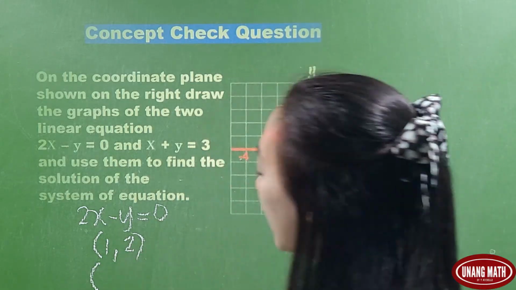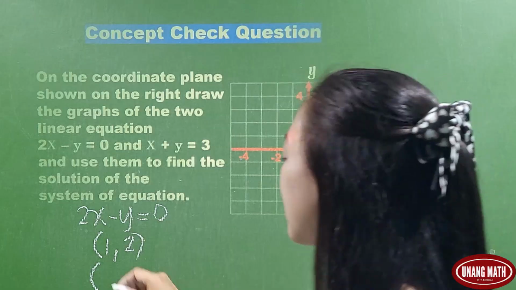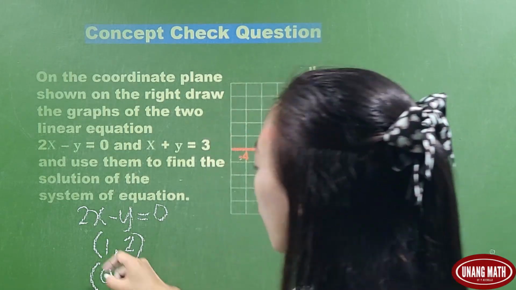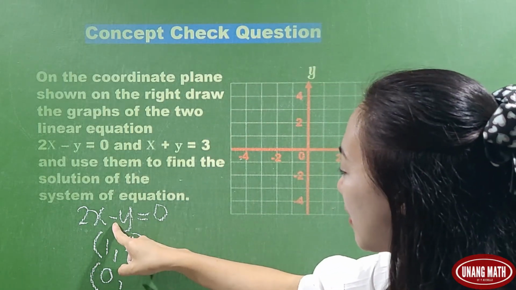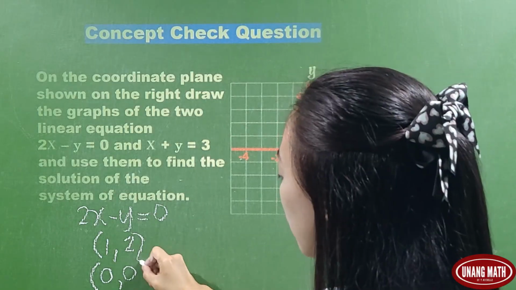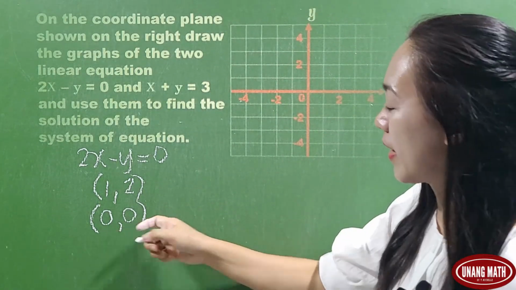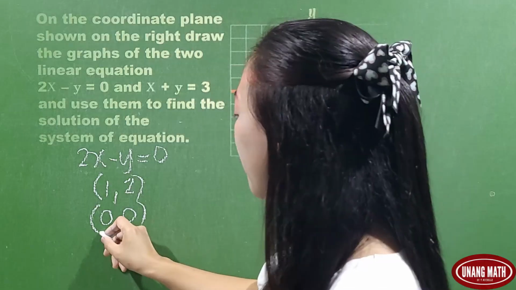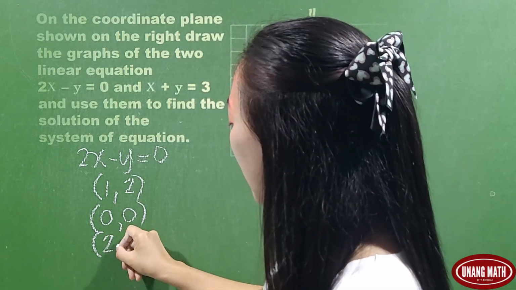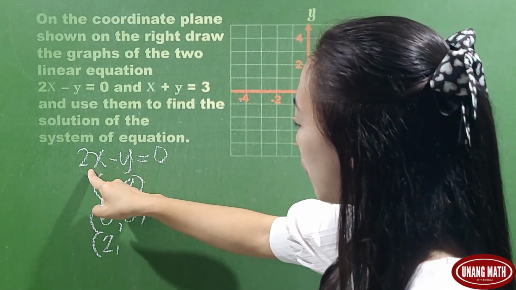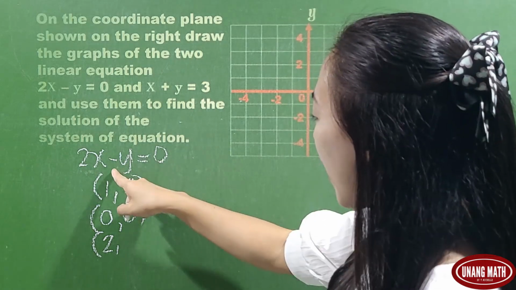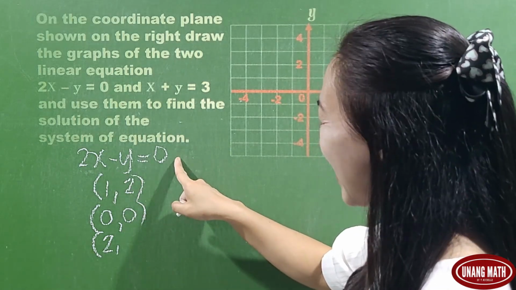What about if x is 0? So this is 0. So that means y is also 0, or the y-coordinate is 0. If x is 2, so this is 4. So we have negative y is equal to negative 4.